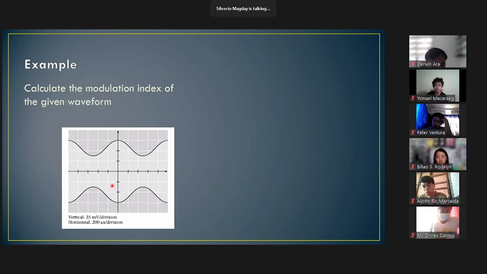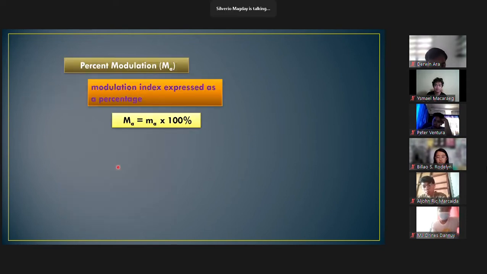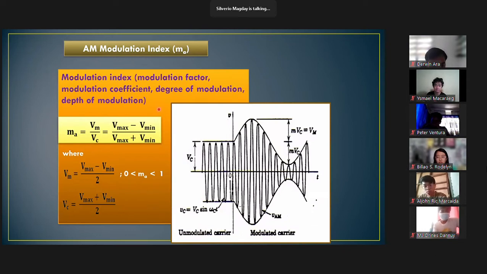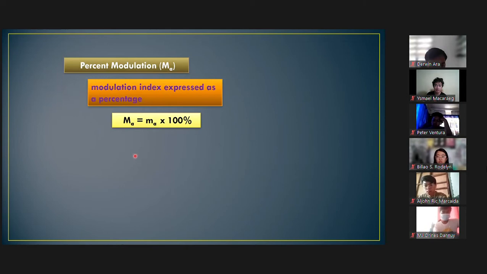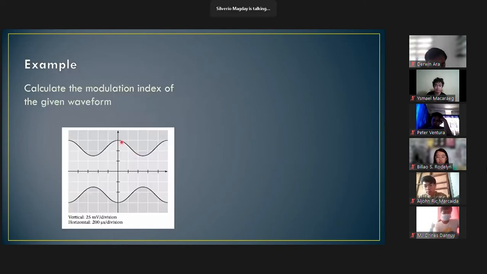Modulation index lang naman yung kailangan natin dito. So sa modulation index, ayan lang din yung Vmax minus Vmin over your Vmax plus Vmin. So kailangan nyo lang i-consider dito yung Vmax and then your Vmin. Ano ba daw? Peak to peak or peak only?